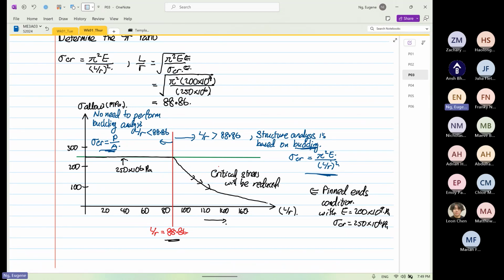This is where this chart is valid. If not, it will not be a pin end.